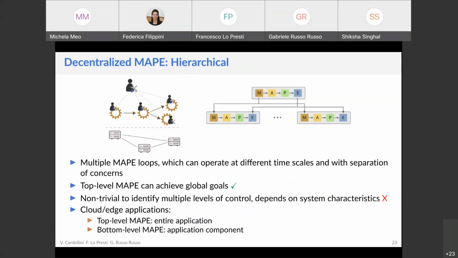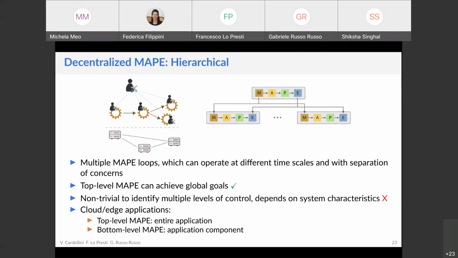A solution that we also consider in this tutorial is a decentralized hierarchical pattern, where you have multiple MAPE loops, and each loop can operate at different time scales, and can be in charge of different concerns regarding the application.